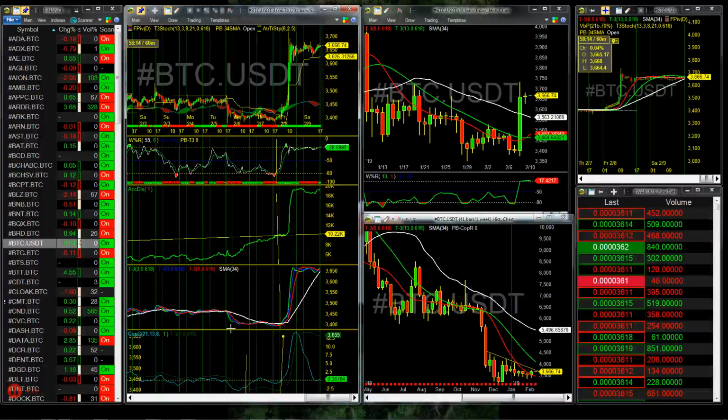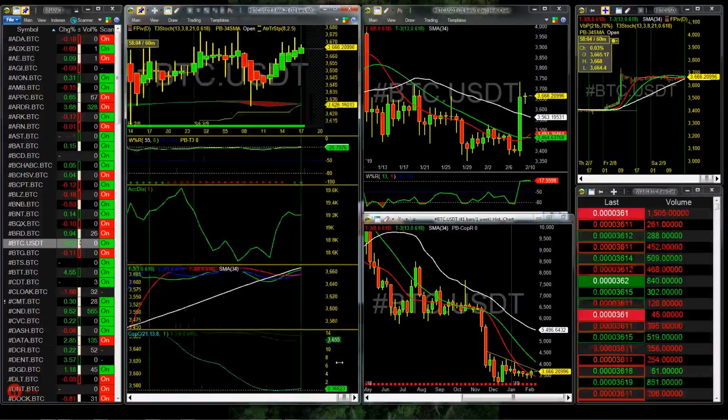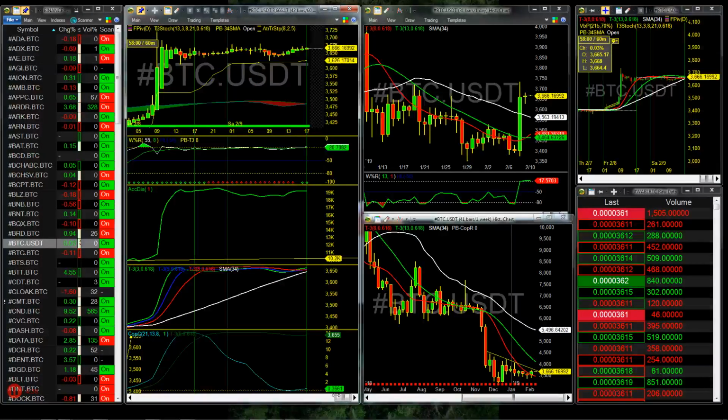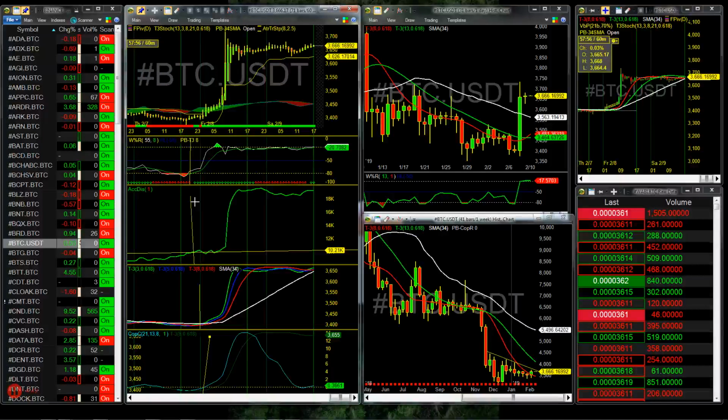So there you go. Entries, exits. I'm going to see if these candles will work when it starts to turn red. But you still need confirmation, so I don't have any confirmation on the distribution.